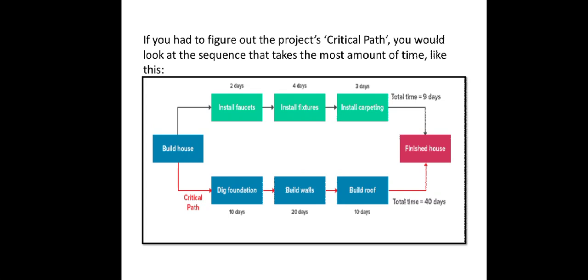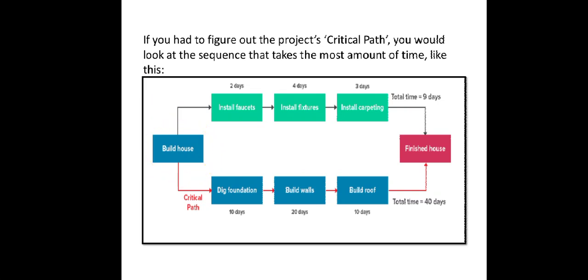So let us take another example to understand critical path method. If you had to figure out the project's critical path, you would look at the sequence that takes the most amount of time. So always critical path method calculates the most amount of time required to complete a project. See, here in this example we are taking building a house.